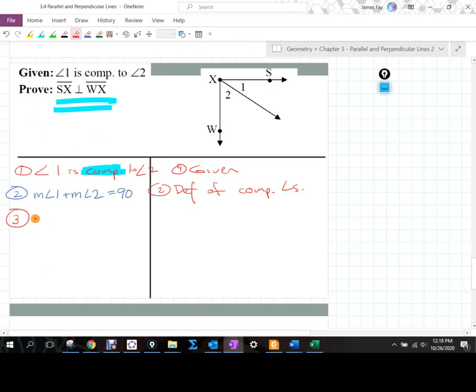So I'm going to write the measure of angle 1 plus the measure of angle 2. Even though we know it's 90 from complementary, we also know that it's the same thing as the measure of angle WXS, right? You guys agree with that? 1 plus 2 is the same as WXS. And that's the angle addition postulate.